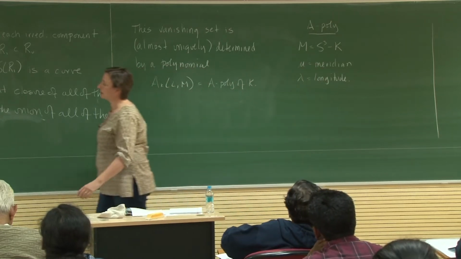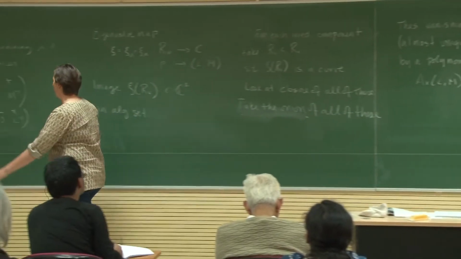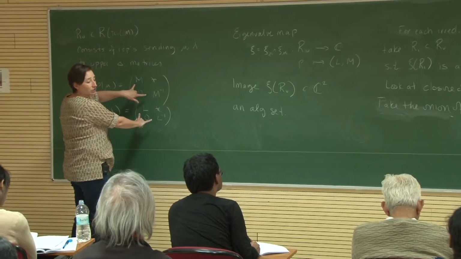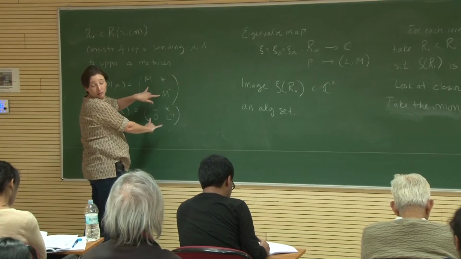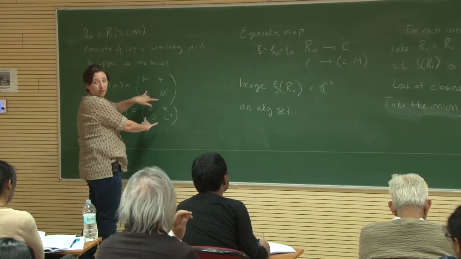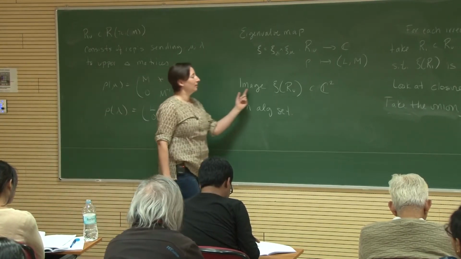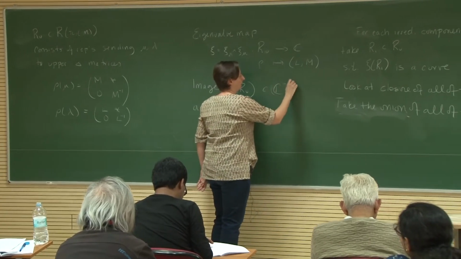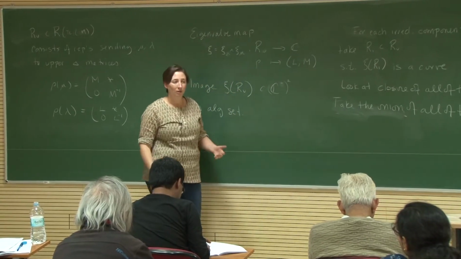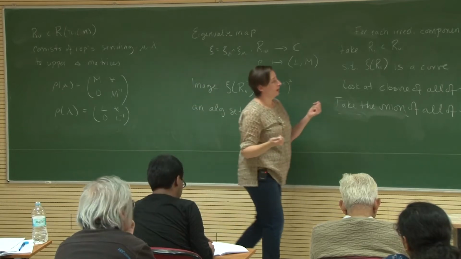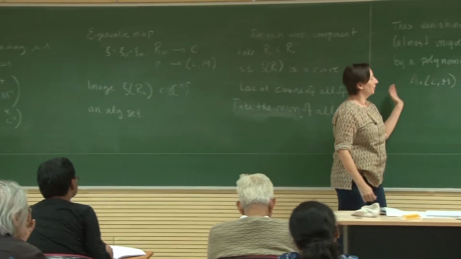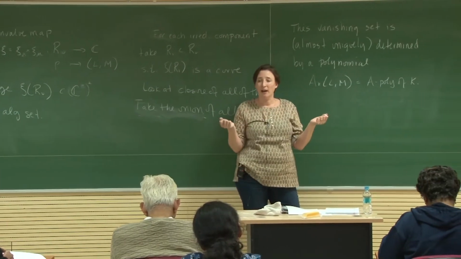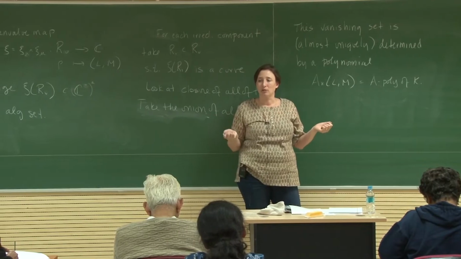And the reason is, if you look over here, m and l are actually not allowed to be 0, because I have to have an inverse. So the image is really in C star 2. And this defining polynomial is basically well defined up to scalar multiplication.